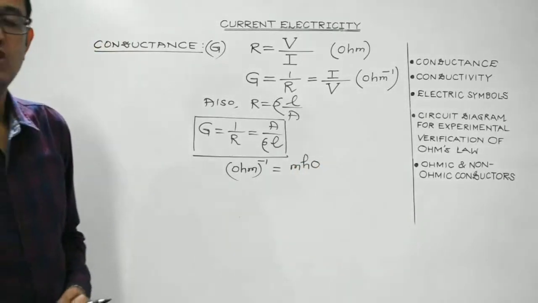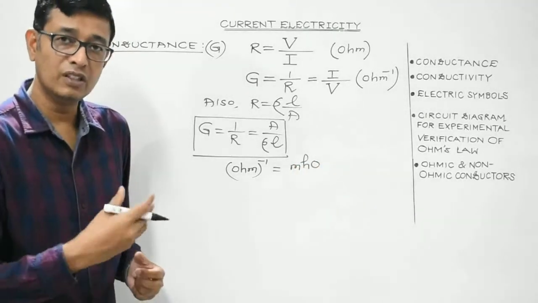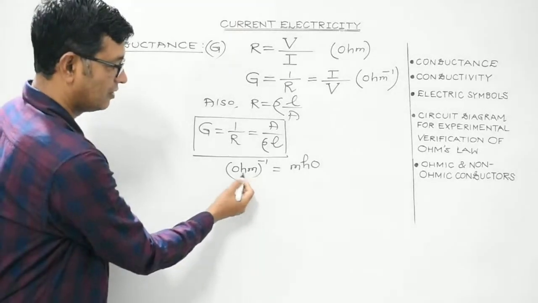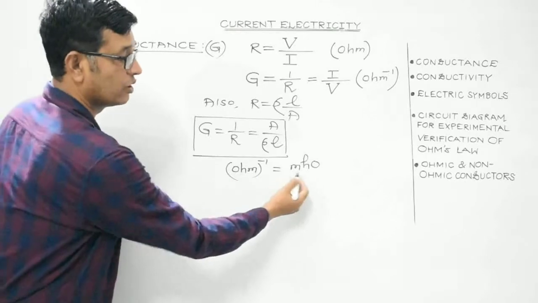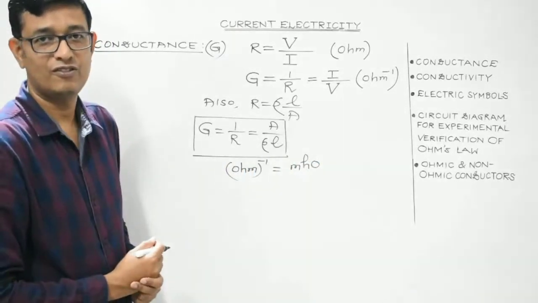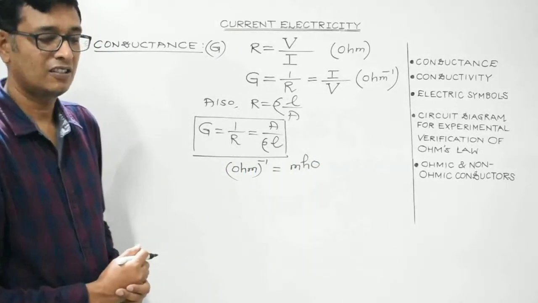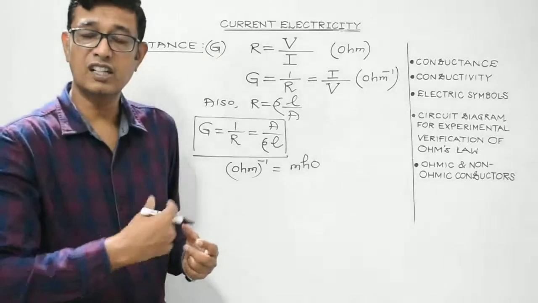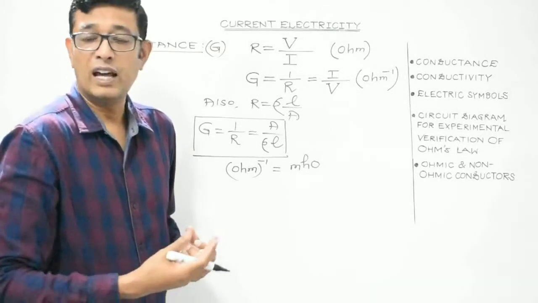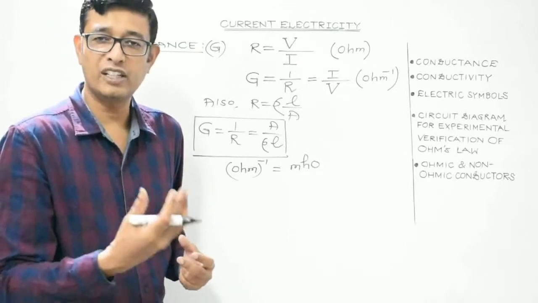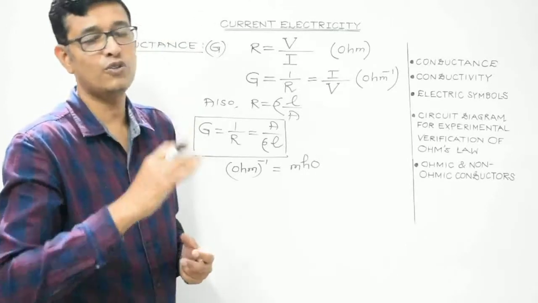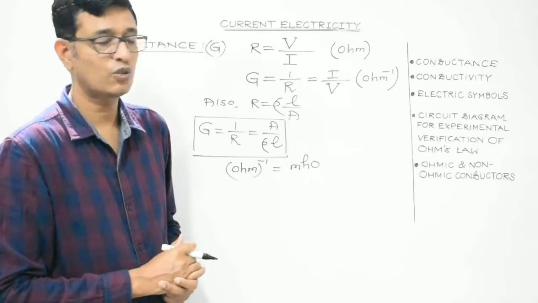So the SI unit of conductance is ohm inverse, or write the alphabets in the reverse order, it is also known as mho, right? So that's conductance. Now look, good conductors will have large value of conductance, but poor conductors, which are insulators, will have small value of conductance. Right, students?